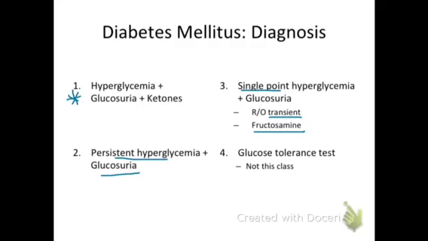Fructosamine is glucose bound to protein, which is primarily albumin. When glucose binds to albumin, then it takes on the half-life of albumin, which is about 2 to 3 weeks. Therefore, an elevated level of fructosamine indicates that there was a persistent hyperglycemia that occurred over the past 2 to 3 weeks.